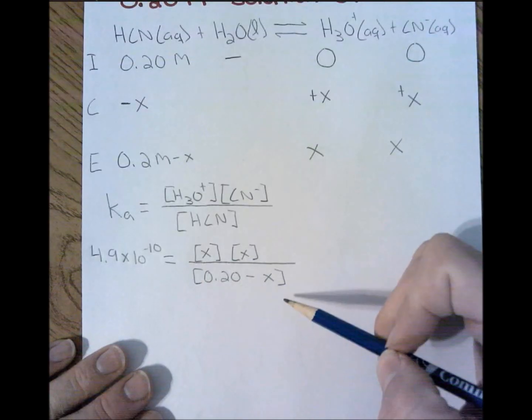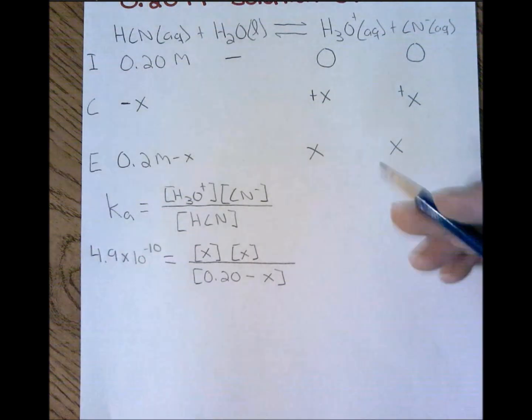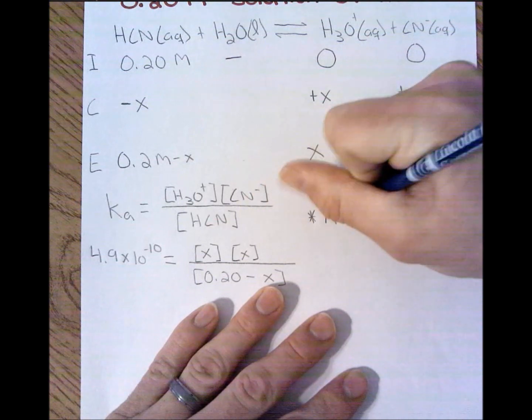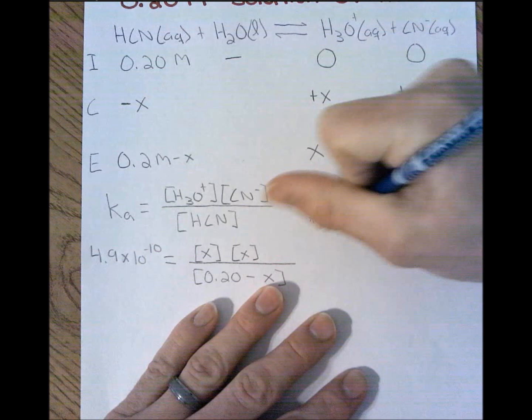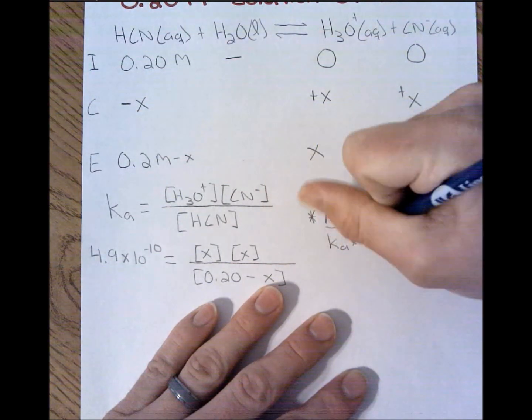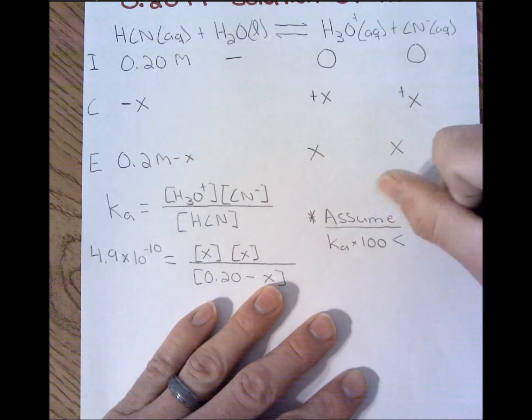We are going to assume this: if our Ka times 100 is much less than our original concentration of our acid, then we assume that this minus x is irrelevant.